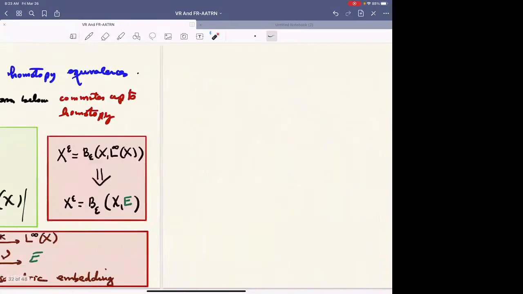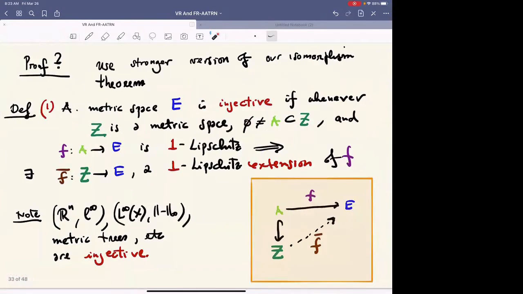Let me quickly explain what injective means. A metric space E is injective if whenever you pick some other metric space Z and a non-empty subset A of that metric space, and you have a one-Lipschitz map from A into E, then you also find an extension of that map from Z into E.